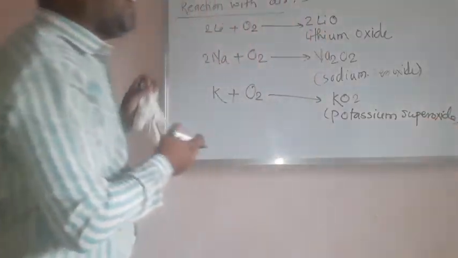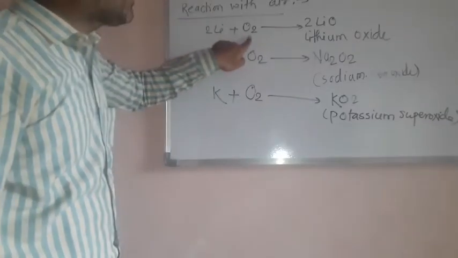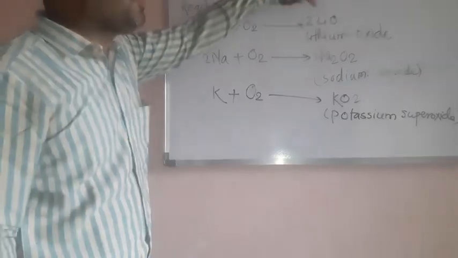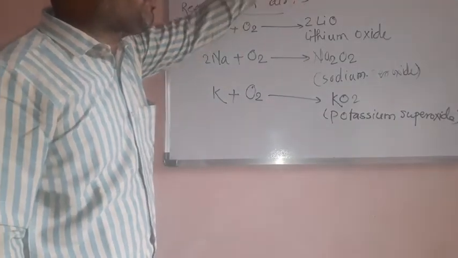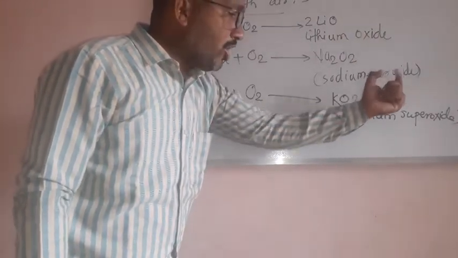These are the alkali metals, which when reacted with oxygen reduce their luster by forming an oxide, peroxide or superoxide.